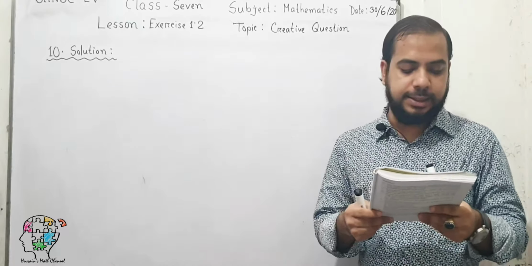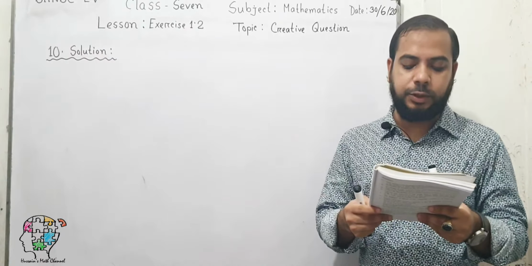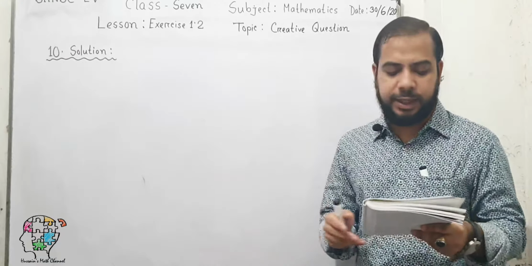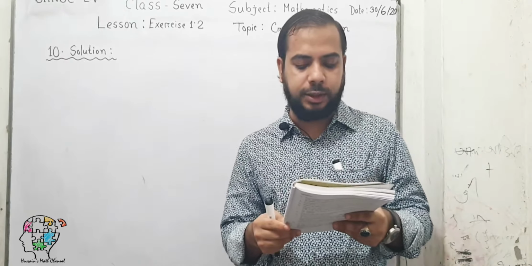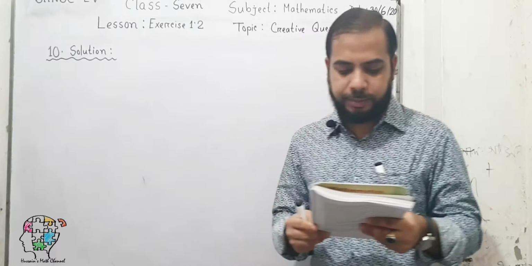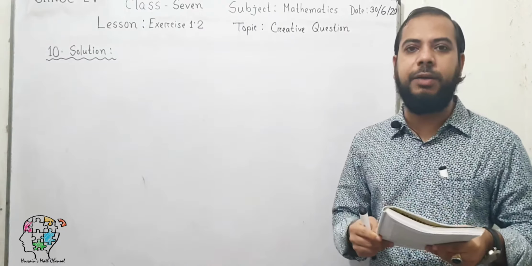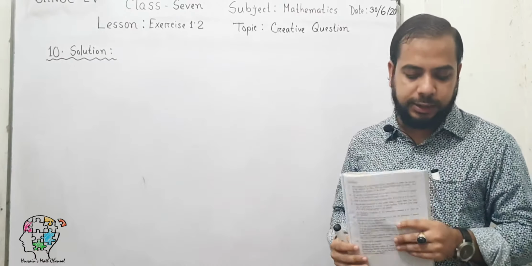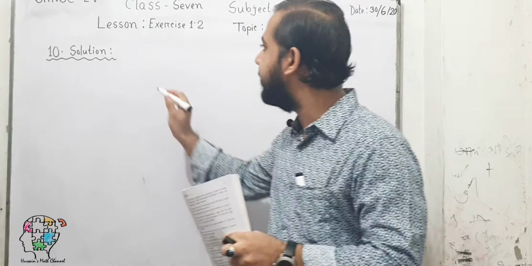Question number A says, how much money did he spend to buy the plants? So it's very easy. We have to just find the price of the plants. So we have to multiply 12 by 595 to find the total price of the plants.